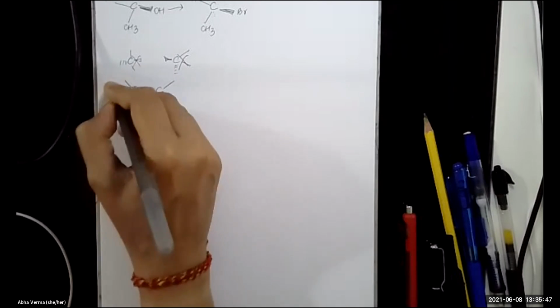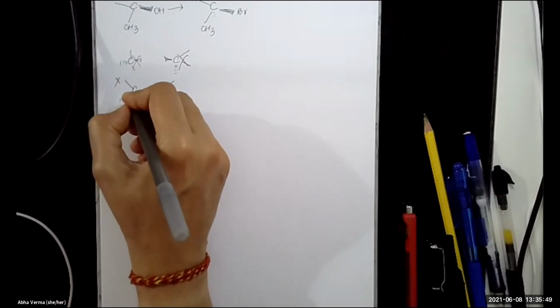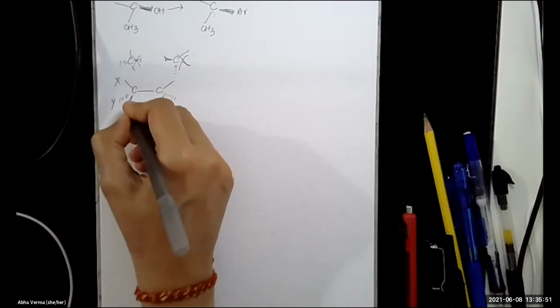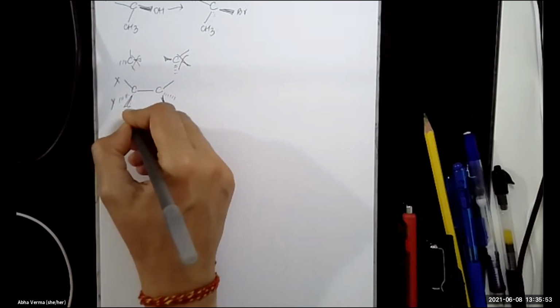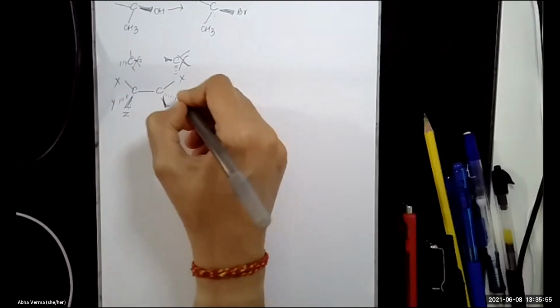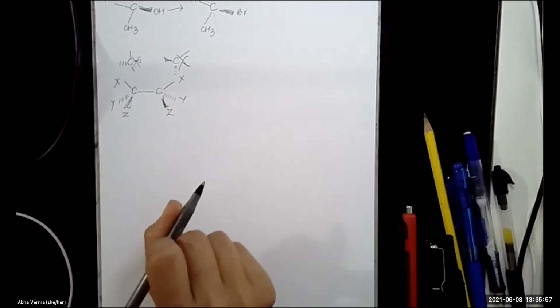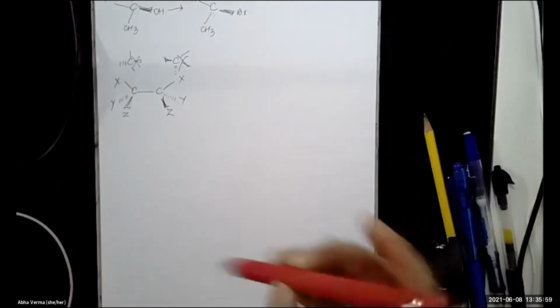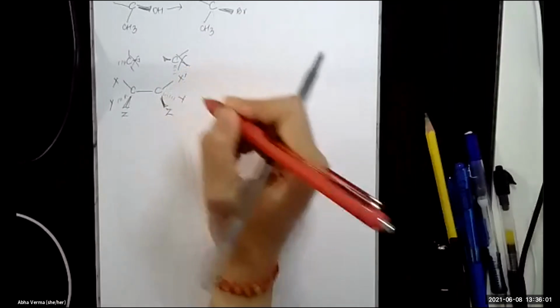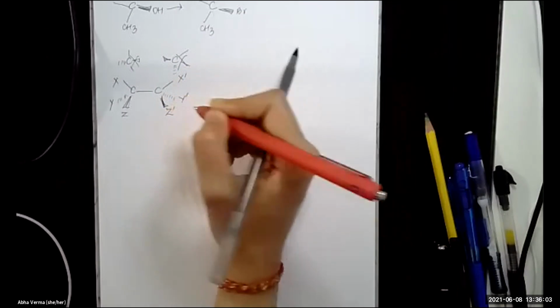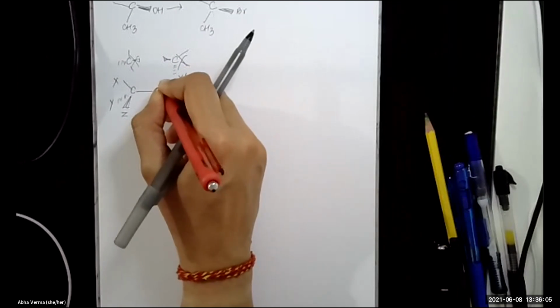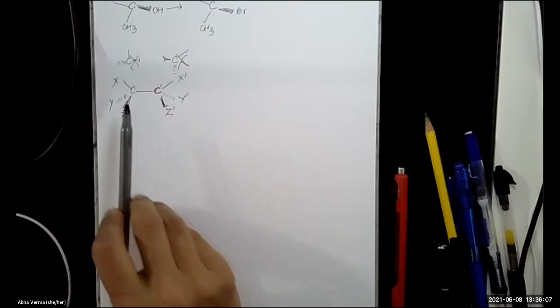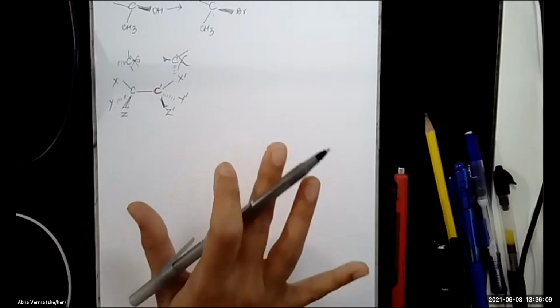In the planar, let me keep X. In the wedge, let me keep Y. In the dash, let me keep Z. So X, Y, and Z, right? And just for ease, I'm going to write them as X prime, Y prime, Z prime for the atom C prime. It's exactly the same. I just want us to see the difference.